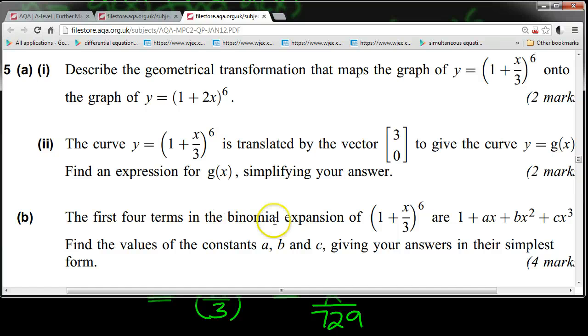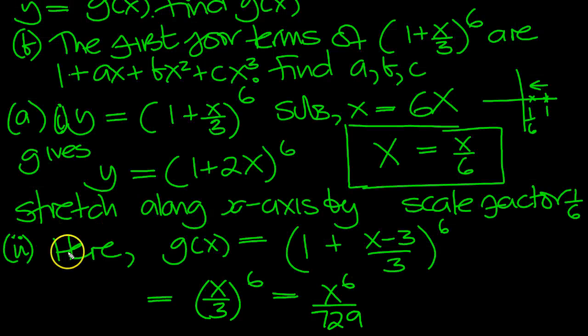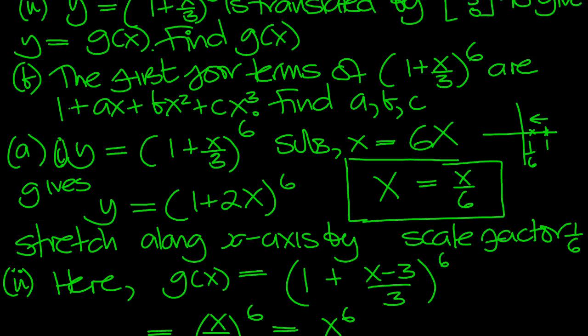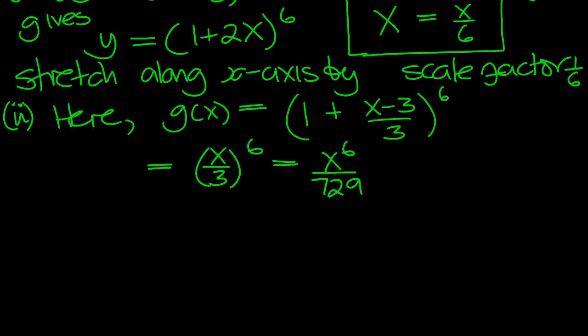The first 4 terms in the binomial expansion, part B, now we're going to move on to. Here it is here. Find A, B and C, (1 plus x over 3) to the 6.